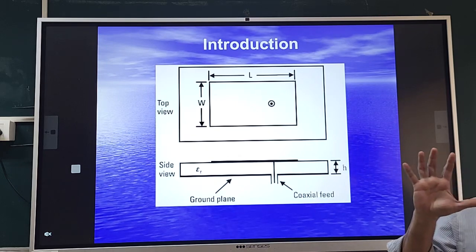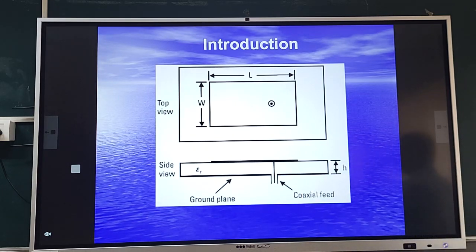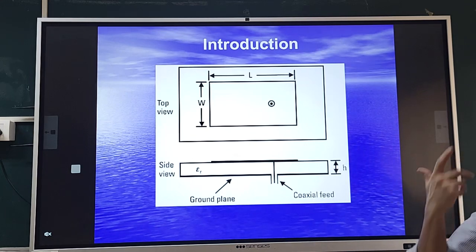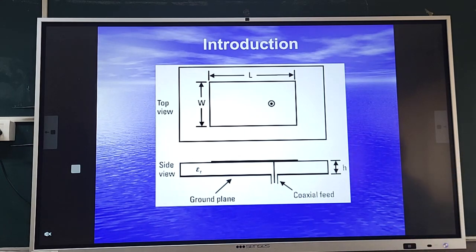So this is one substrate. Again, RT Duroid comes in different variations. If you just Google it, you will see different RT Duroid substrate variations are available, RO and RT. What differs there is the value of the dielectric constant. In fact, you can order a sample RT Duroid substrate from the manufacturer. They can provide you a sample sheet.